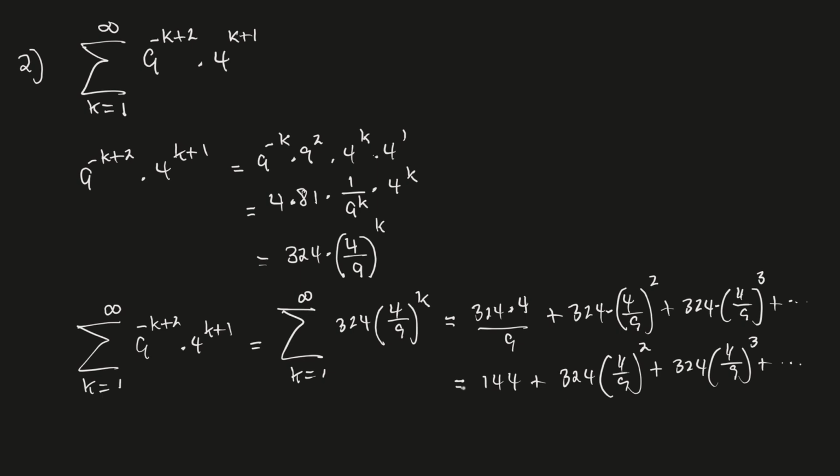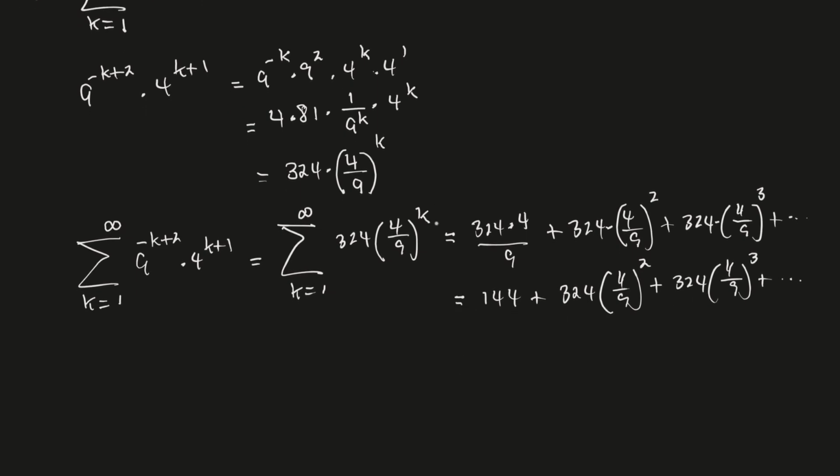I can definitely see that my R is 4/9, because if I multiply this by 4/9, then I'll get this. If I multiply this by 4/9, I'll get this. So I can say that this one is geometric. My first term is 144, and my R is 4/9.